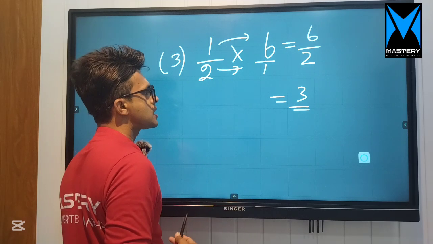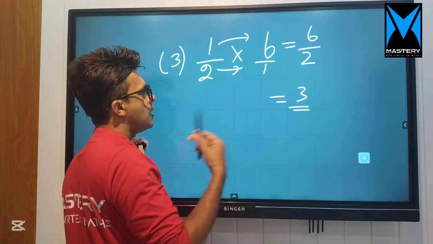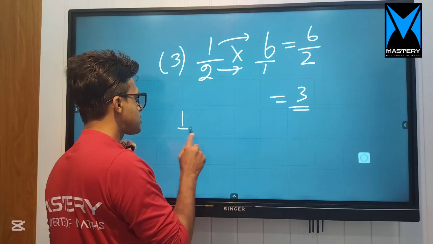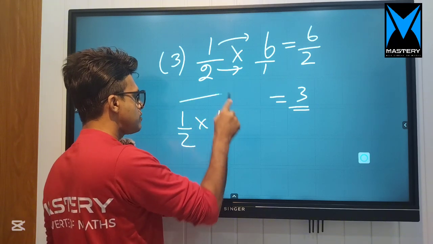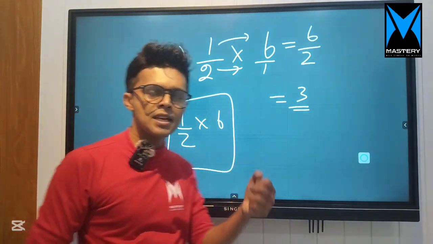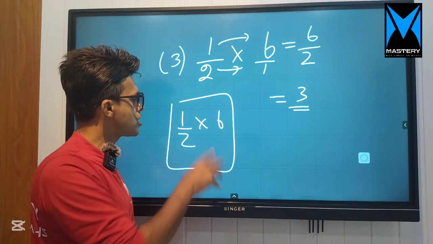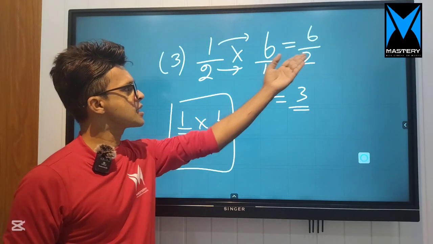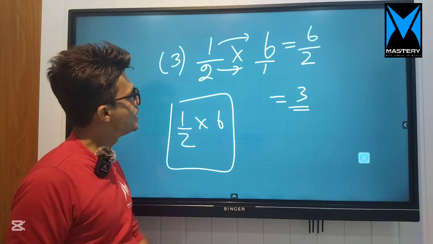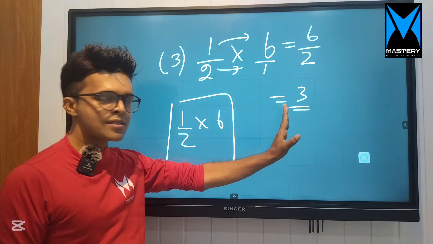Directly you could see that this was the question, and it has been given to multiply. Really, this can be multiplied. In addition to that, half into 6 means 6 over 2. So the answer here is 3.